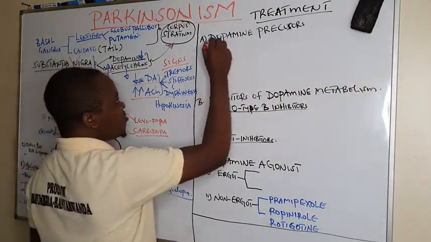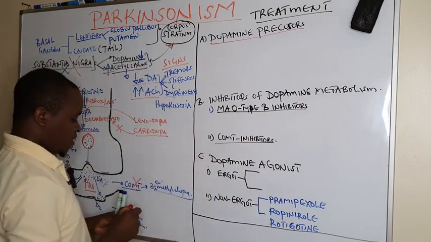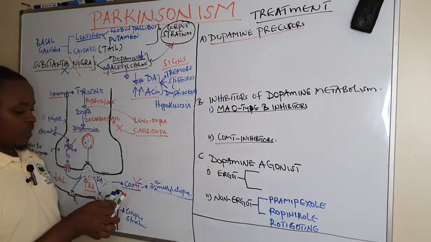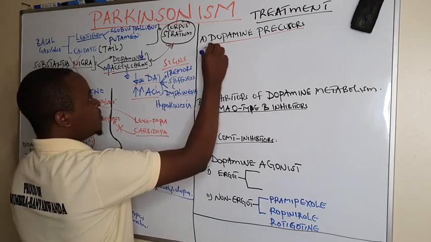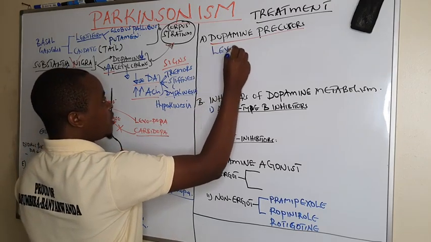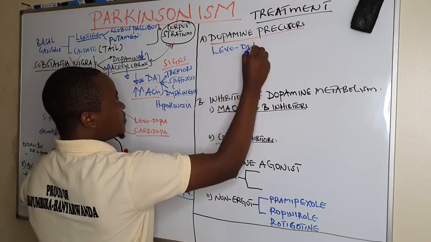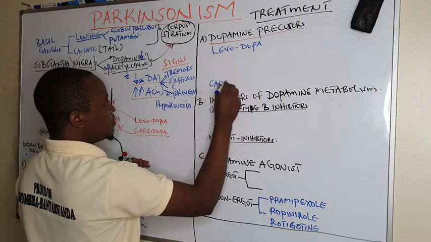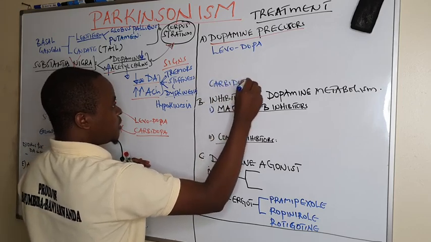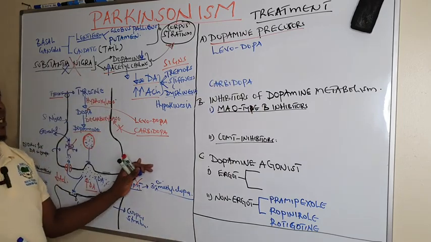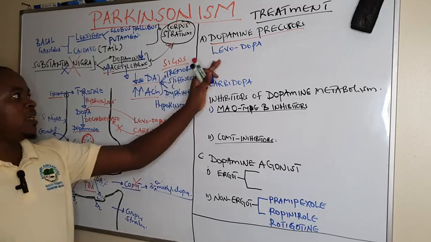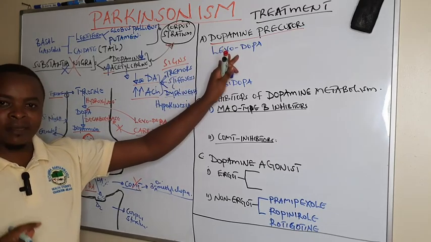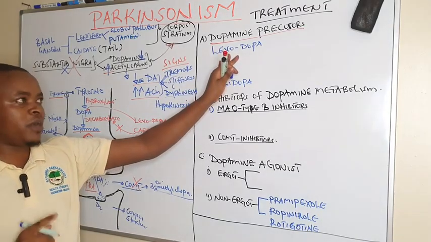One of them is dopamine precursors, which we have outlined here, that is levodopa, or you can call it L-dopa, then we shall see carbidopa. These are the dopamine precursors. Levodopa has the ability to cross the blood-brain barrier.